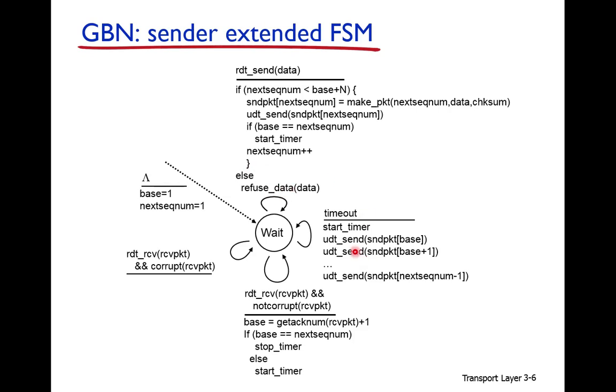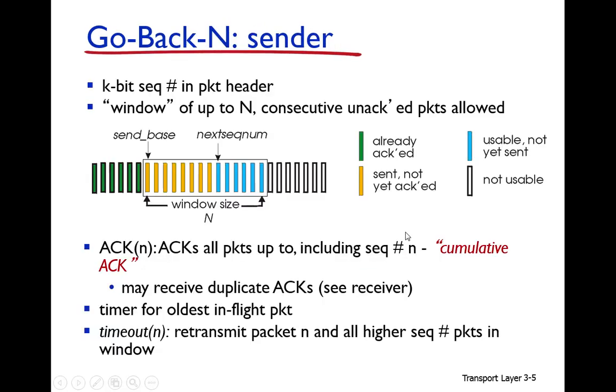Okay, similarly if the timeout happens, we restart the timer and we send all the packets starting from the send base, till the next sequence number, because these are the packets that are sent and their acknowledgement is not received.